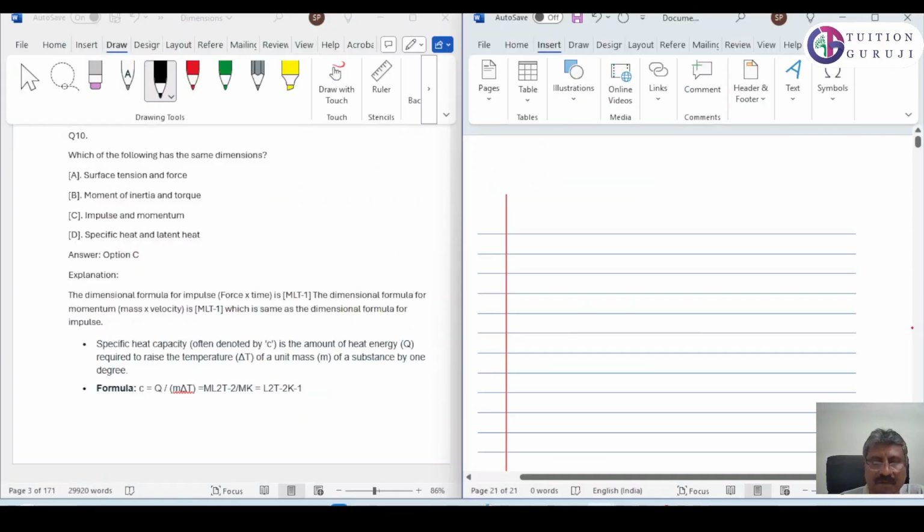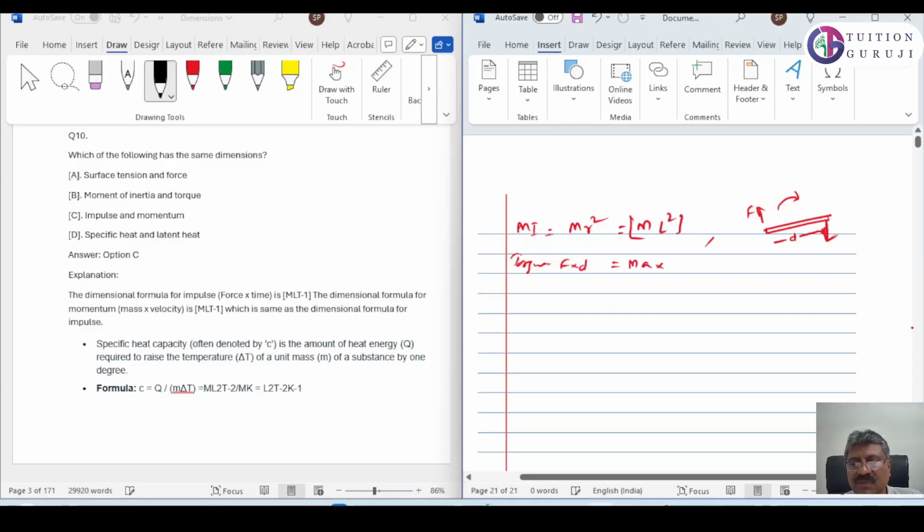Next is moment of inertia and torque. Moment of inertia is equal to m r square, so its dimension is M L square. And torque, we know what torque is. If two forces act in opposite directions on an object, there is a tendency to rotate. So it is force into distance, which is nothing but work or energy.